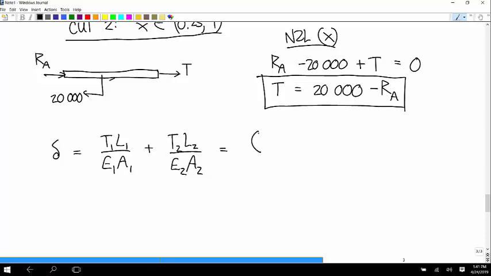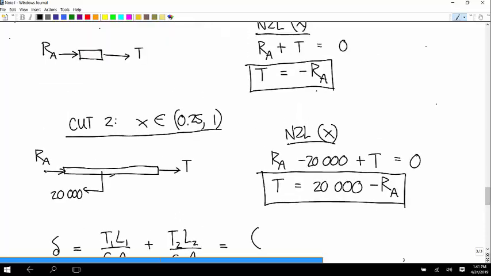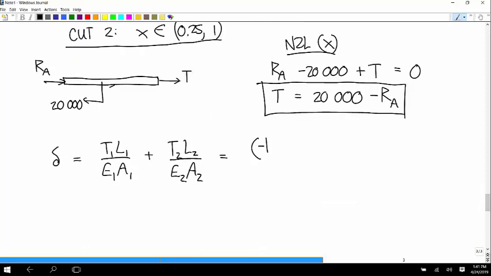And so that's equal to, on that first 0.25 meters, T is equal to negative RA. L is equal to 0.25. I didn't say anything about the material, so I'll just leave that as A. And leave that as E. And then the cross-sectional area is 0.01.